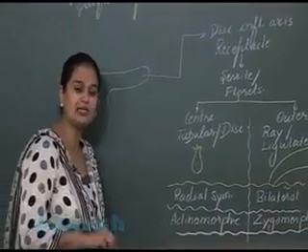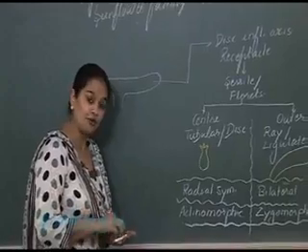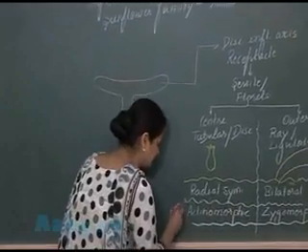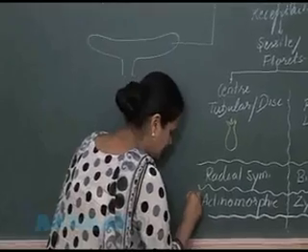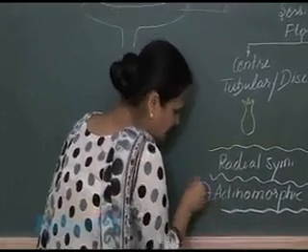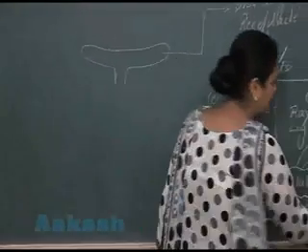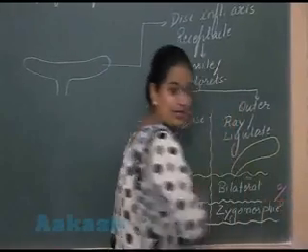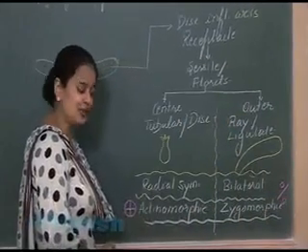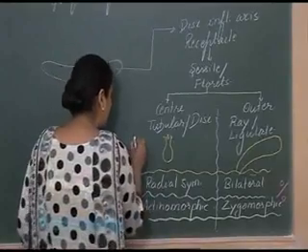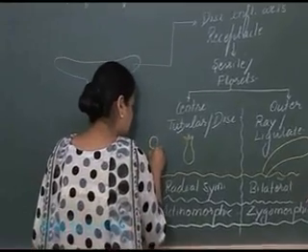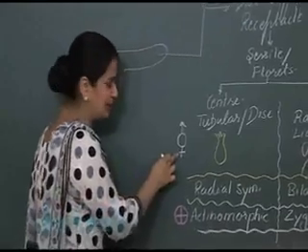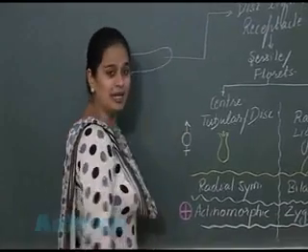Now when we write the floral formula for the actinomorphic condition, the symbol which is utilized is this. Actinomorphic के लिए this symbol is utilized, and for the zygomorphic condition, this symbol is utilized. Now these tubular florets are bisexual. Bisexual means there is presence of the female as well as the male part.